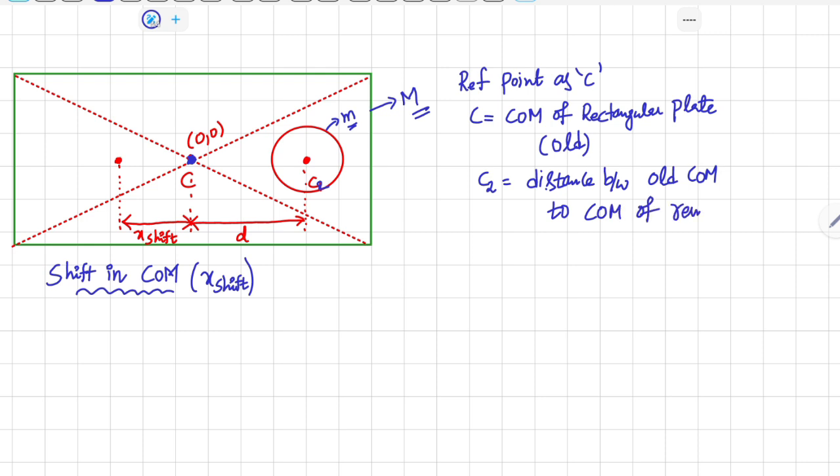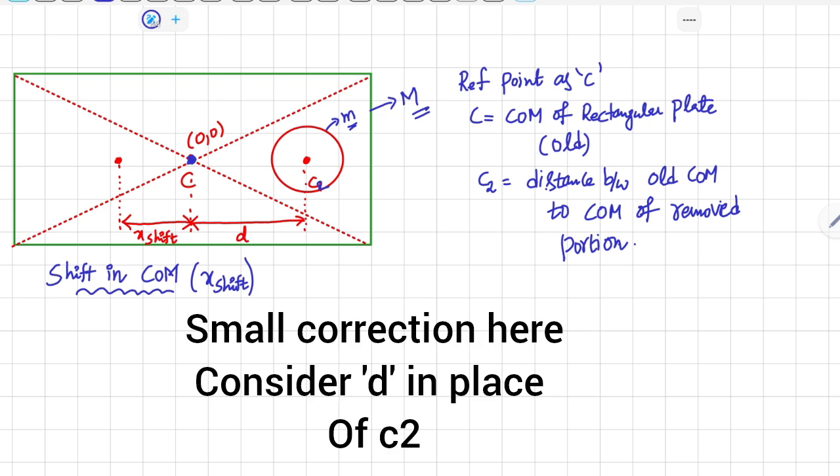Here we are removing a circular portion, therefore C2 is the distance between the old center of mass and the center of mass of the removed portion. And let me consider this point as C1. C1 is the new center of mass, the center of mass of the remaining portion of the rectangular plate.